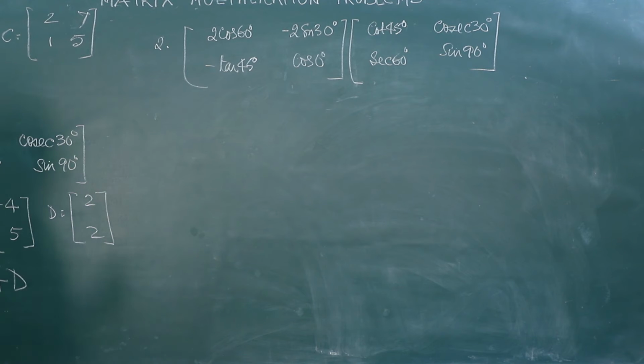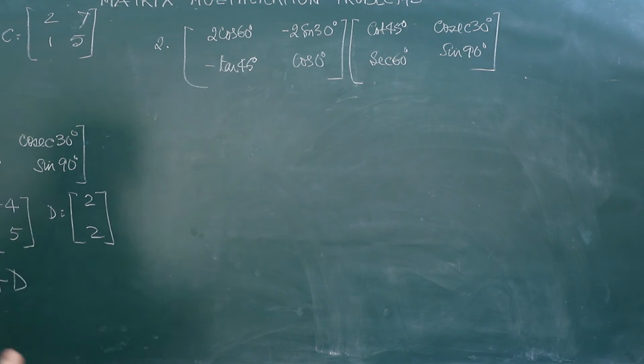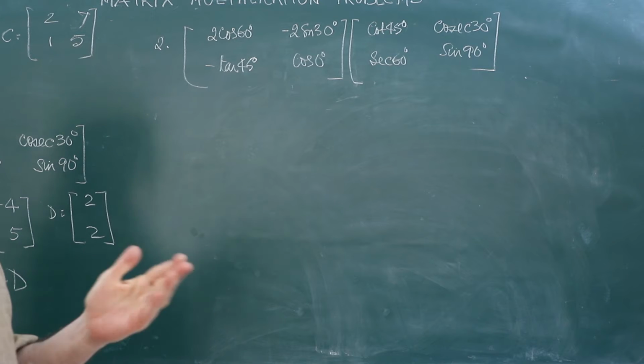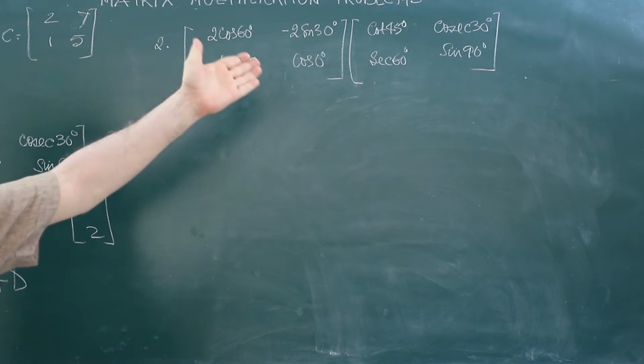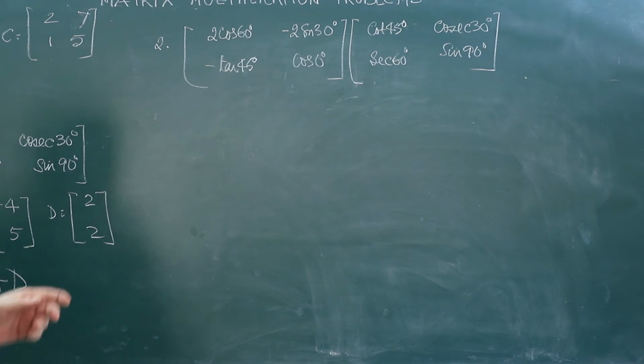Instead of using the usual elements like 1, 2, 3, 4 like we do in matrix multiplication or a matrix, he has used the trigonometric ratios. You know the values.